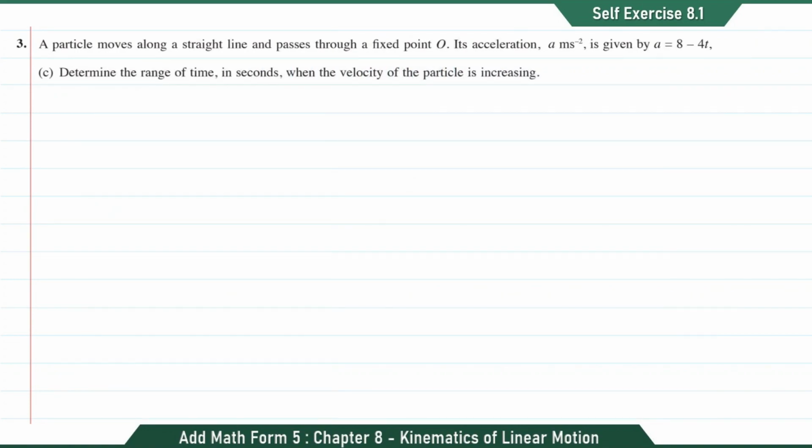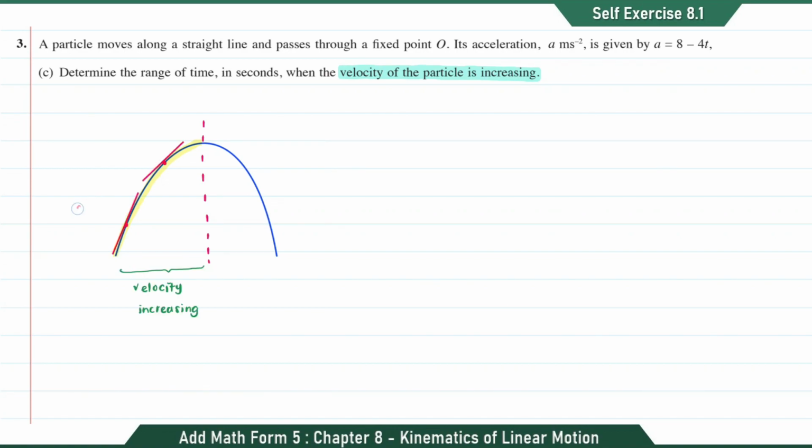Question (c). Determine the range of time in seconds when the velocity of the particle is increasing. Let's say this curve represents the velocity of the particle, and this dotted line is the axis of symmetry. The part on the left-hand side of the axis of symmetry, which is here, is when the velocity of the particle is increasing.